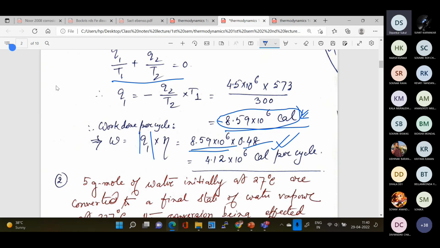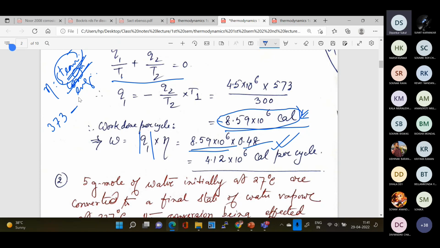So very simply, if I ask you what is the efficiency of a steam engine under normal atmospheric condition. In a steam engine, what is the temperature of the source? That is the steam. And under normal atmospheric condition, that is 1 atmosphere, what is the temperature of steam? 100 degrees centigrade, that means 373. And what is the temperature of the sink here? The temperature of the sink will be the atmospheric temperature.